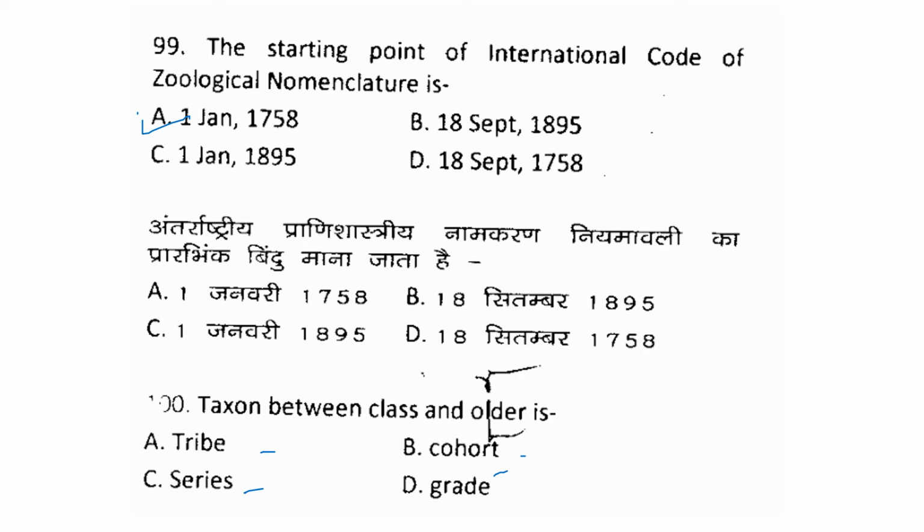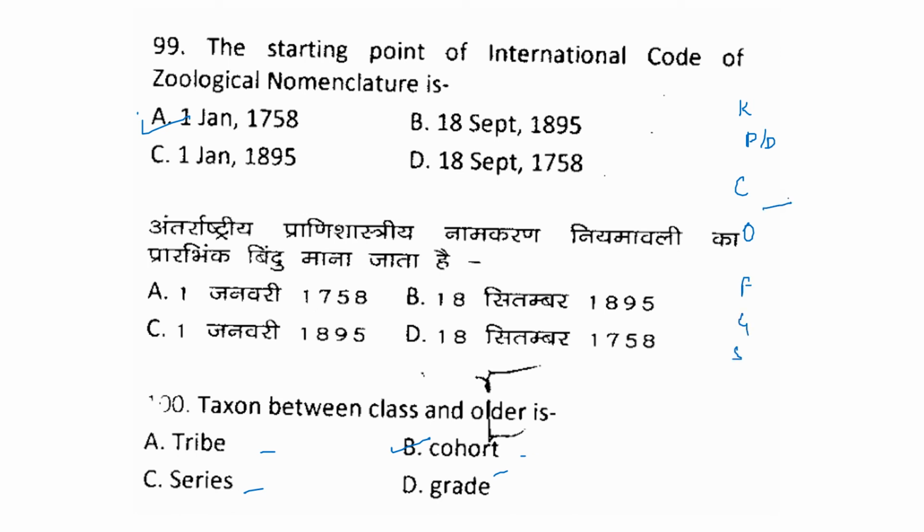But these are actually secondary taxa. So the correct answer over here is cohort. The primary taxon is the phylum, or the division in case of plants, then class, order, family, genus, and species.